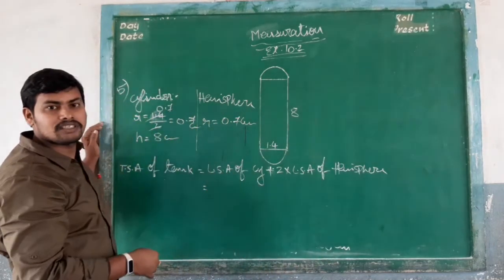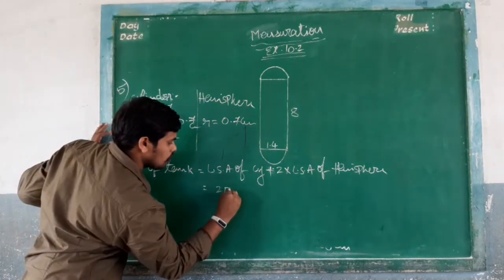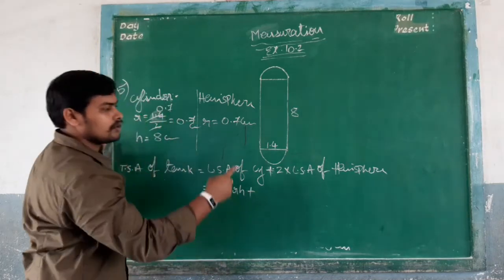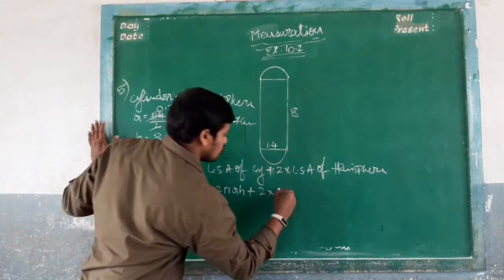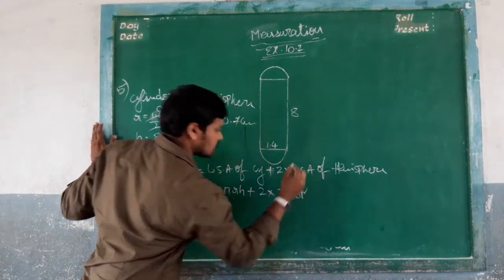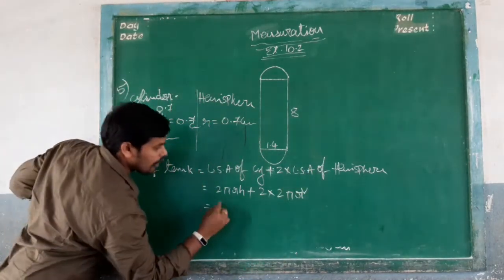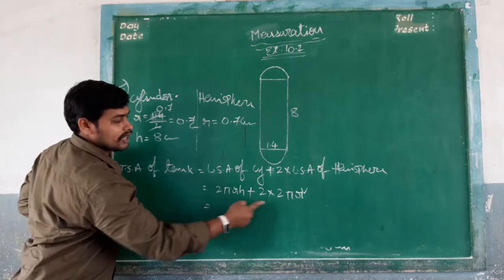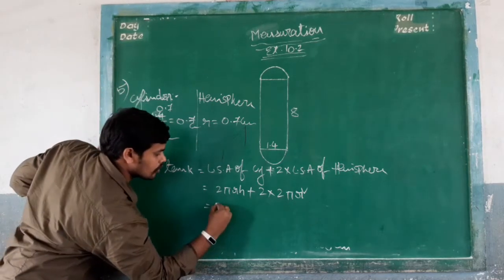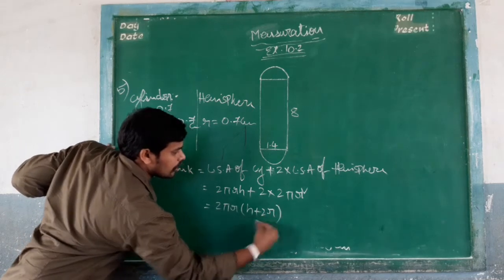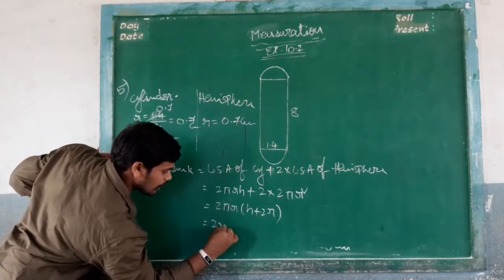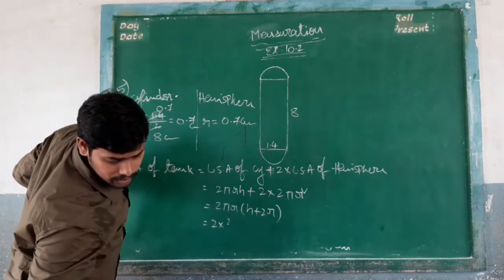The lateral surface area of the cylinder formula is 2πrh, and 2 times the lateral surface area of the hemisphere is 2 times 2πr squared. What is the common factor here? 2πr. So 2πr times (h plus 2r). What is the pi value?